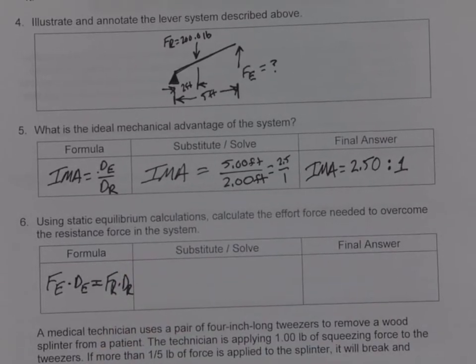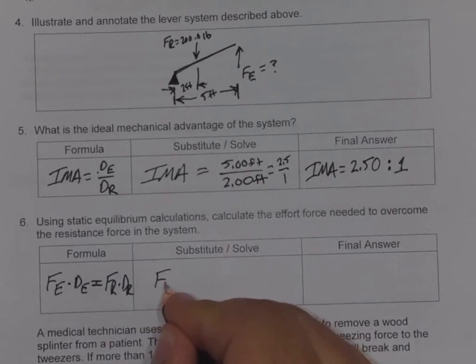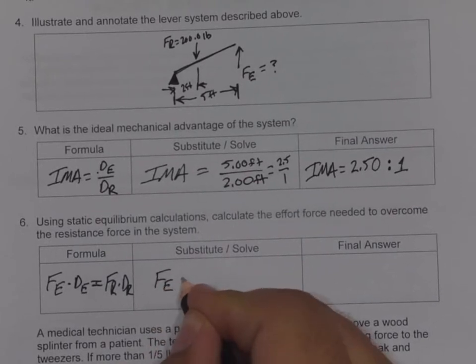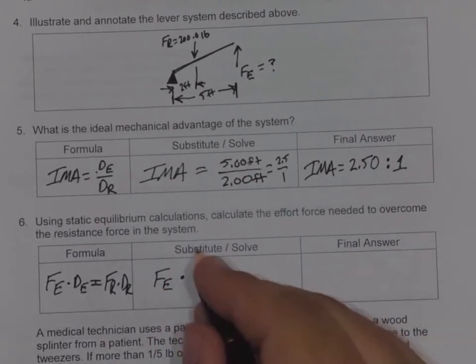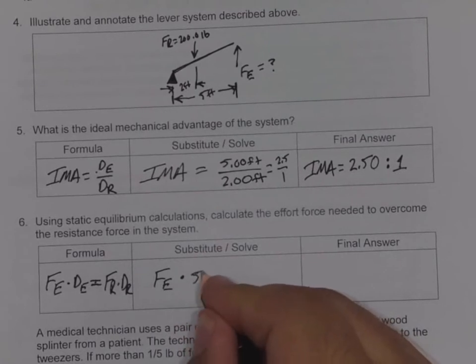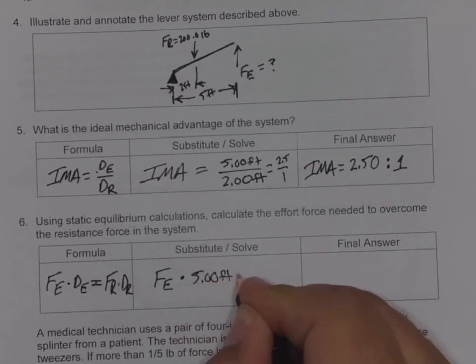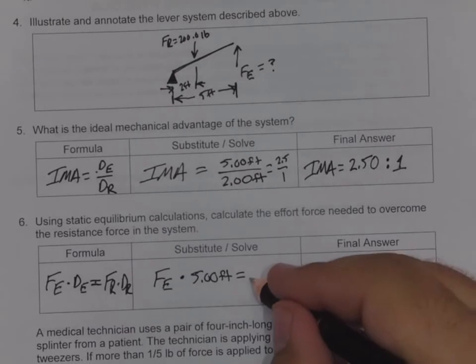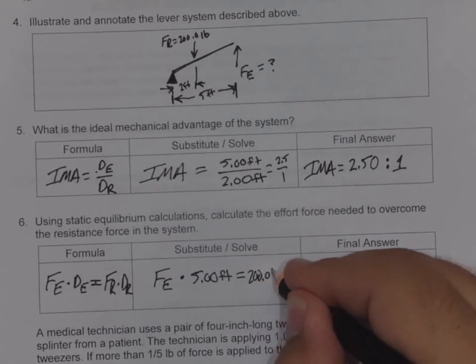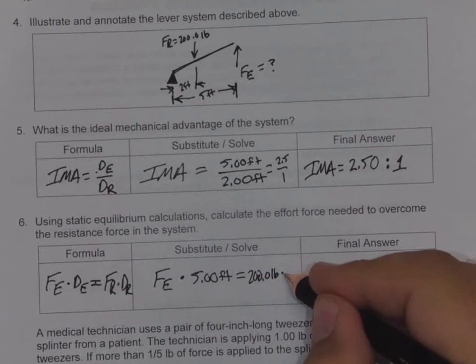Fe times dE equals Fr times dr, and I'm going to plug in what I need. Fe is our unknown. I'm going to multiply that by where the effort is, so times 5 feet, is equal to 200 pounds times 2 feet.